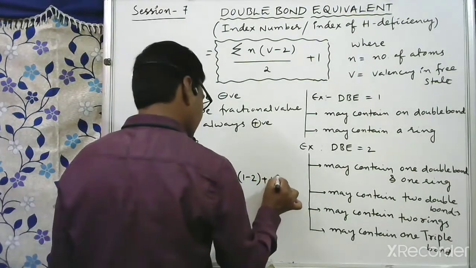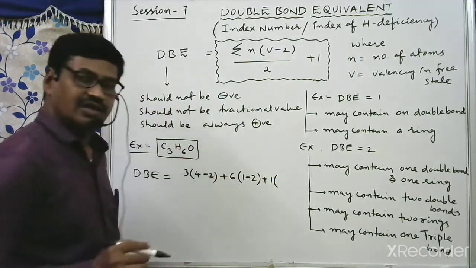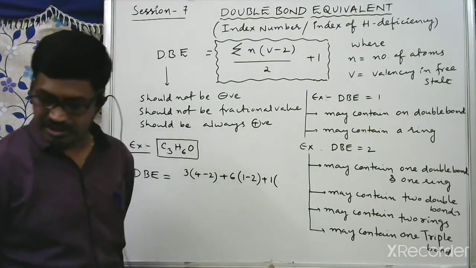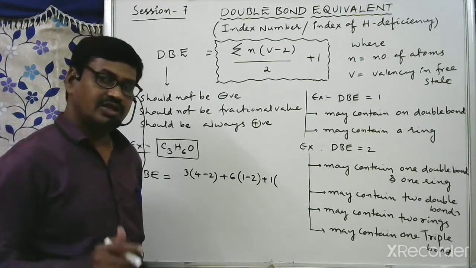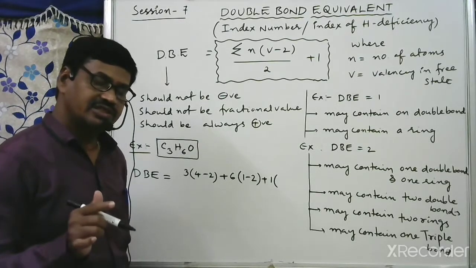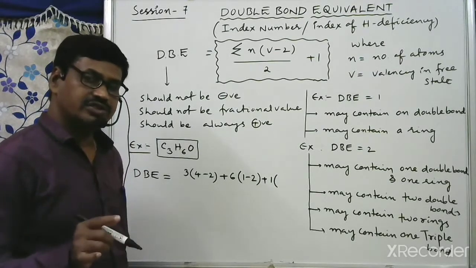Again 1, into the valency of oxygen, which is 2, not the group number. Here you have to count how many unpaired electrons are present in the free state or ground state electron configuration.